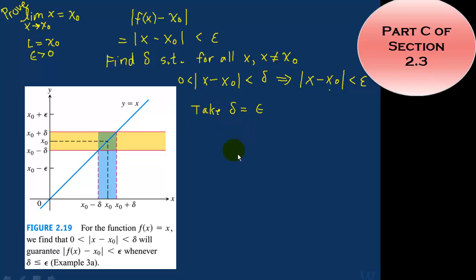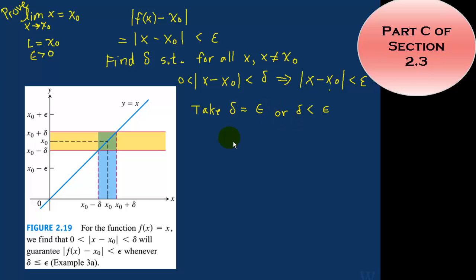We can also take delta to be less than epsilon. It also works. That will still guarantee that the y values will stay within this horizontal strip. As long as we don't go beyond epsilon, we're safe.